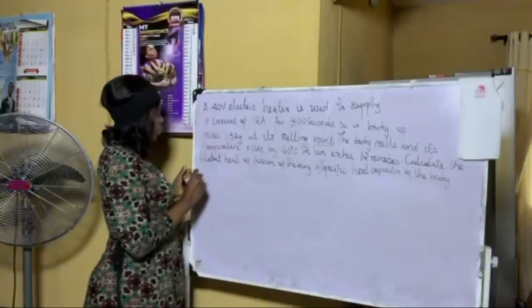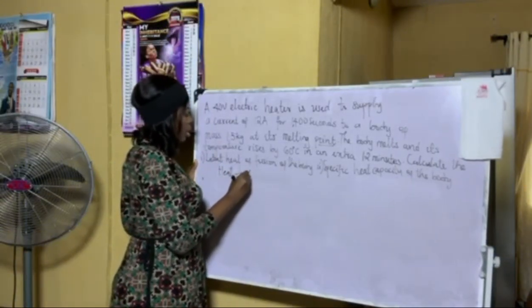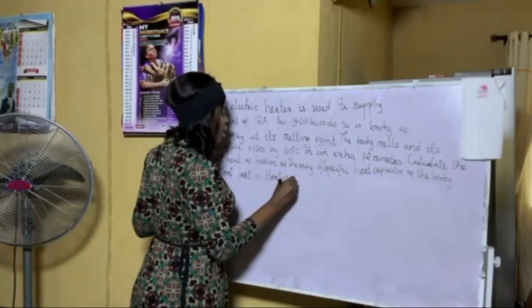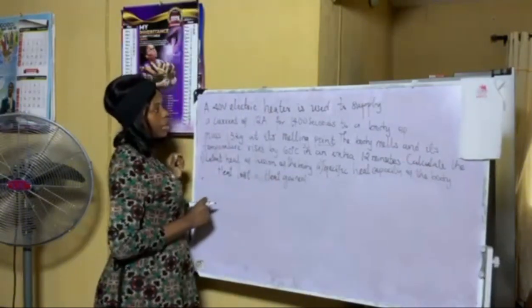Good. So the first thing I need to do is to say heat loss is equal to heat gained. Now, who is losing the heat? It is the heater. And then who is gaining?